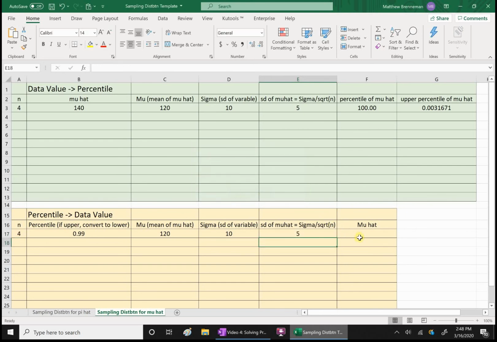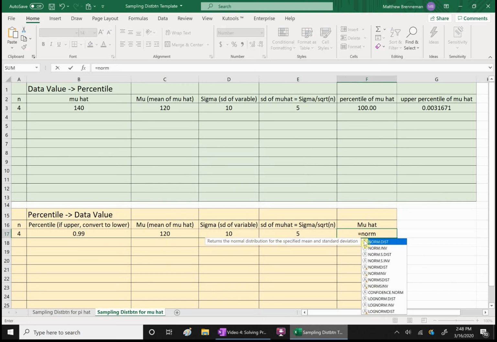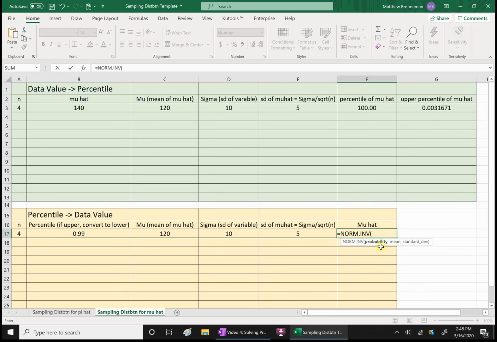And now I want to find mu hat. So now I use norm.inv. So I say, given the 99th percentile of a normal distribution with a mean of 120 and a standard deviation of 5, what is that value? So it turns out that if the average of your 4 blood pressures is above roughly 132, your insurance company will pay for your treatment.